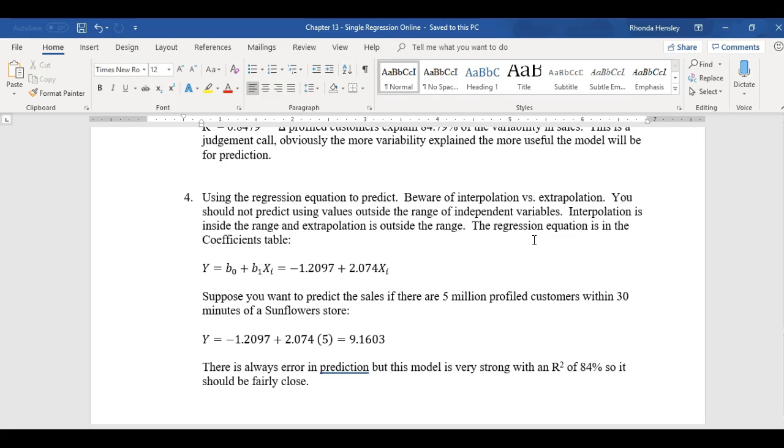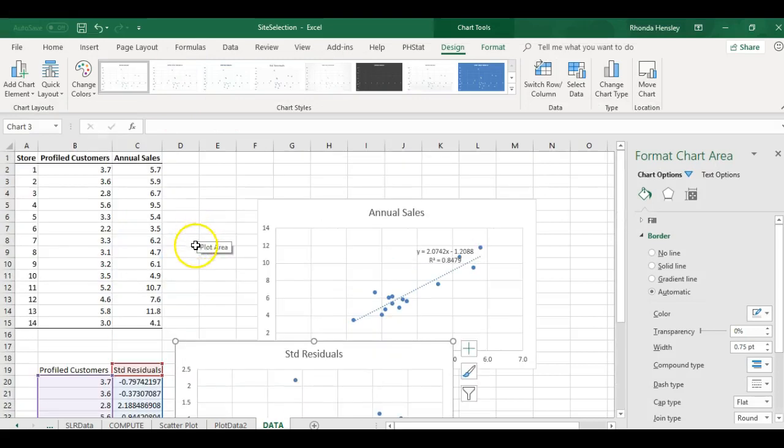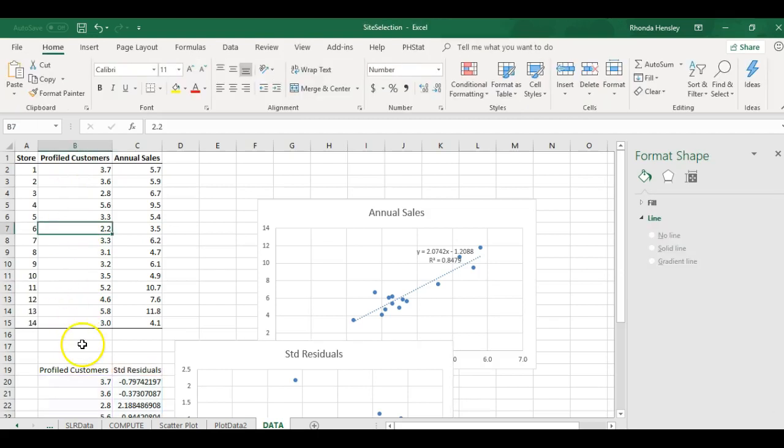If you went back and looked at your initial data, there's my data up here. You'll see my profiled customers. It looks like the smallest number I see there is 2.2 million, and the largest is 5.8 million maybe. So I'm comfortable making a prediction anywhere within this range of values that I used to build my model with.